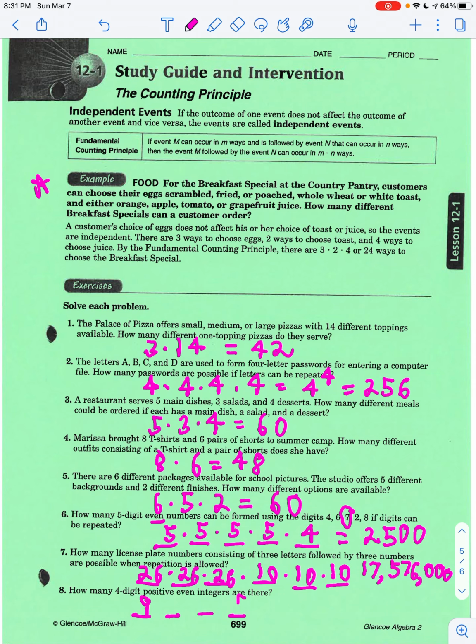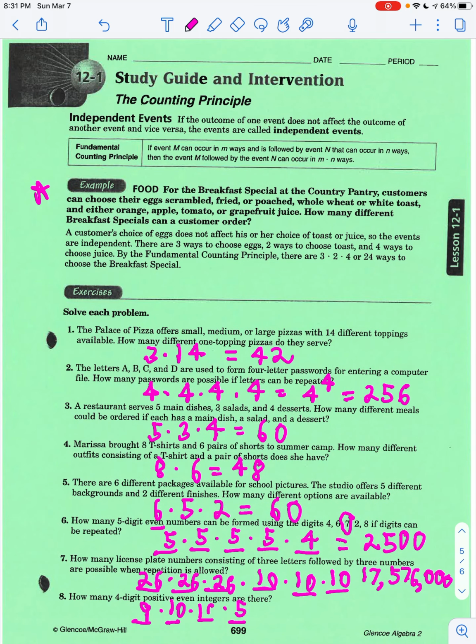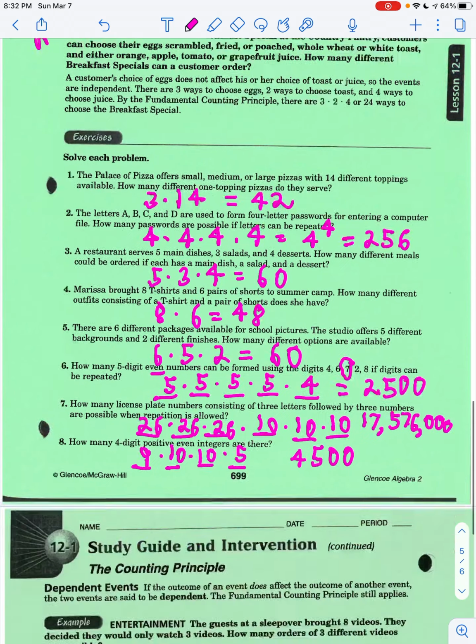So that means 5 possibilities in the last. And then the other 2 positions, there could be 10. So 9 times 10 times 10 times 5, that would be 100 times 45, or 4,500. These are independent events where the outcomes don't affect the other events.